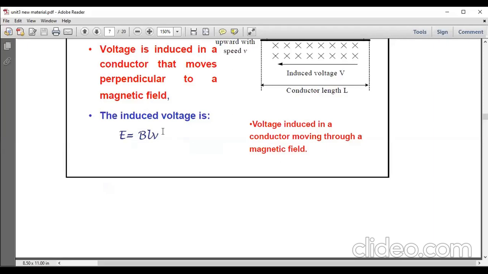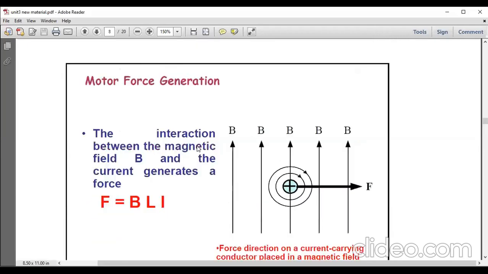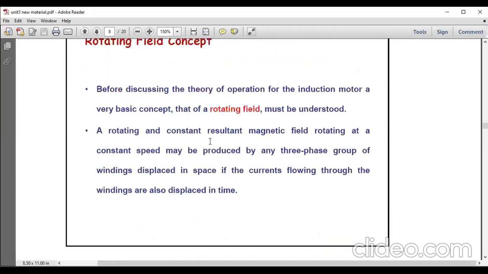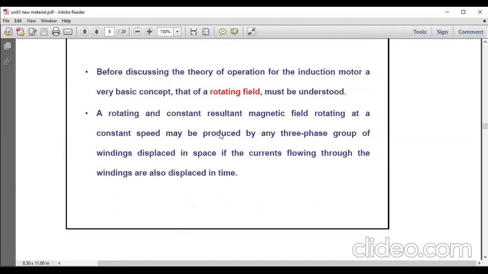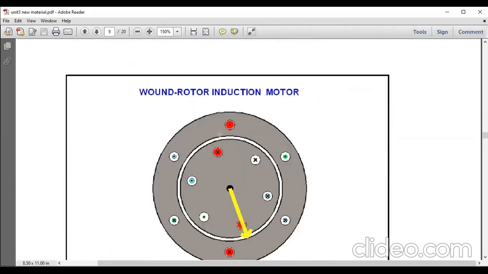Because it is sinusoidal, the EMF is continuously varying. So at each position, we can find the magnitude using E equal to BLV sine theta. The rotating field concept we have already discussed, so nothing more on that.